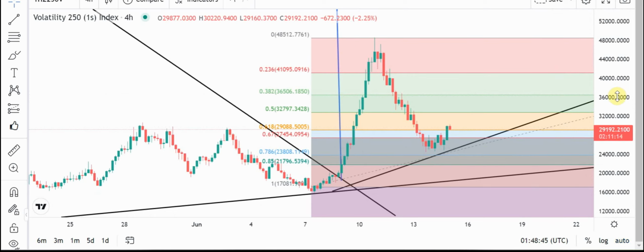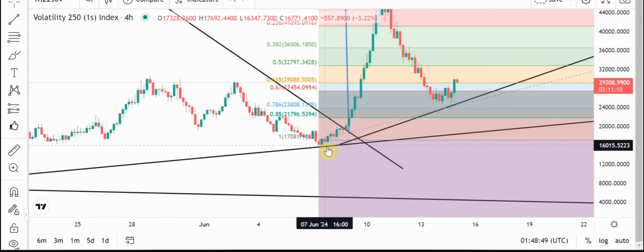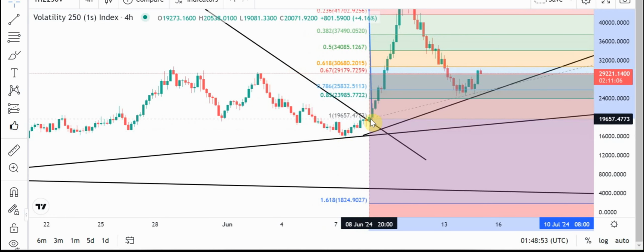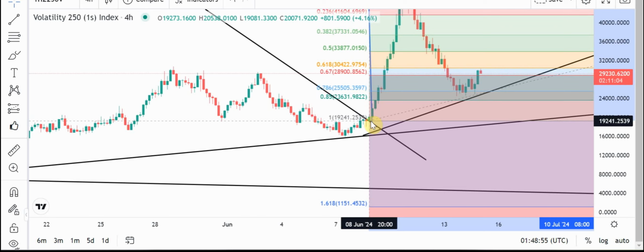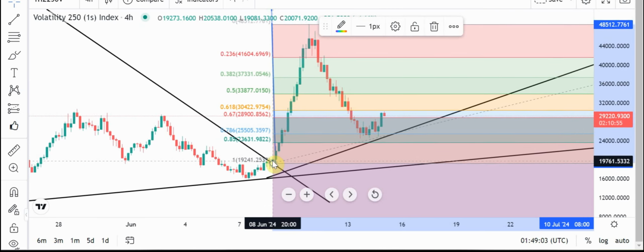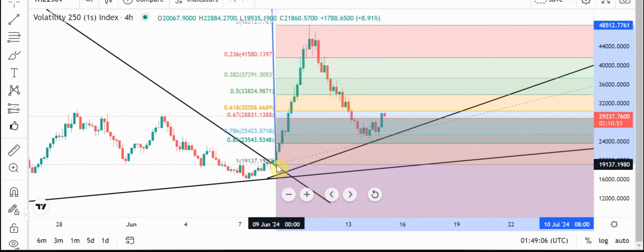But let's push it up a little bit. Let's say we want to have a different point for Fibonacci reference. Let's say we want to use this one. We just have to use something that we can point to.